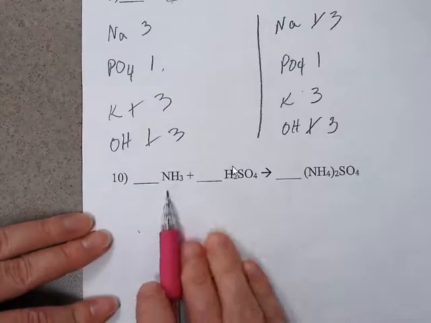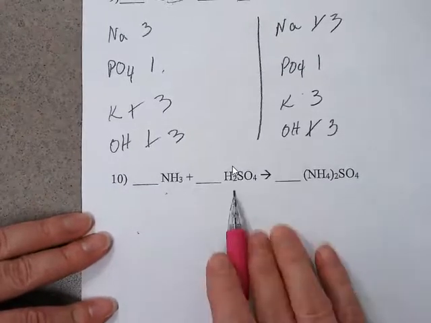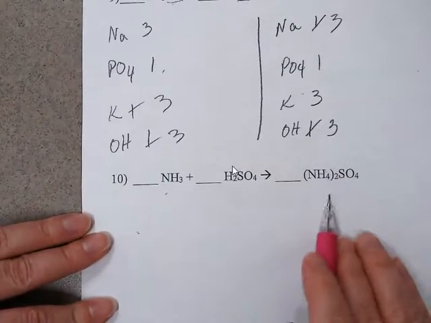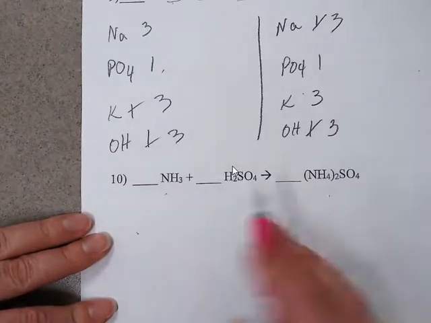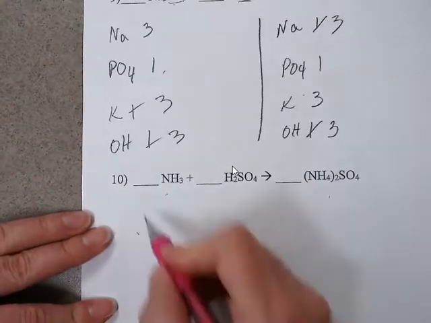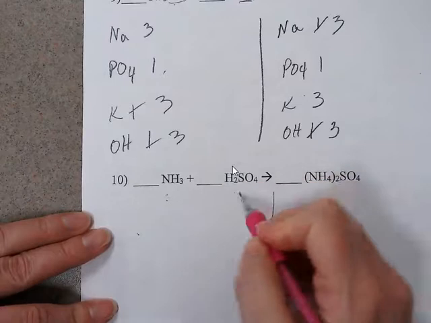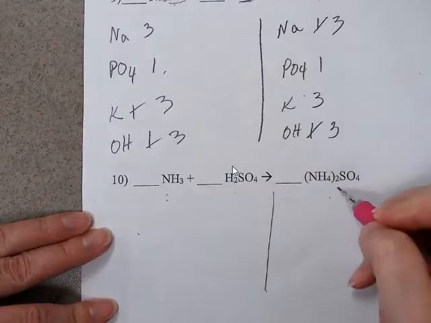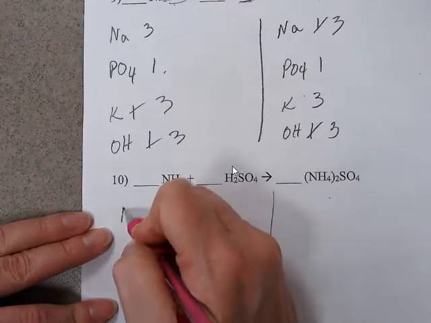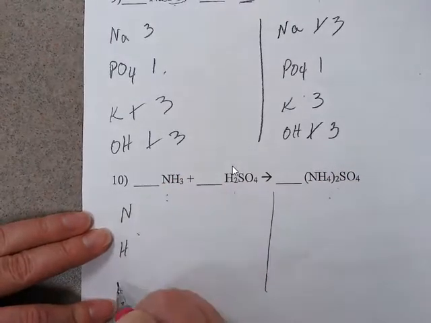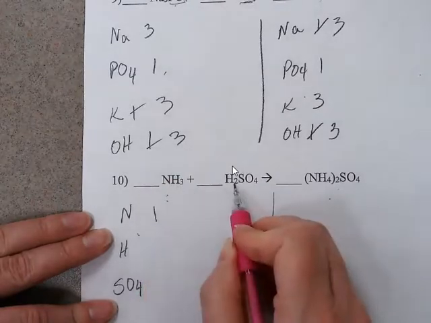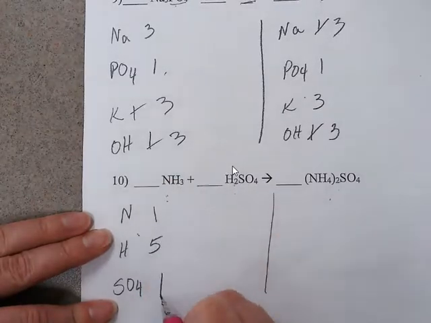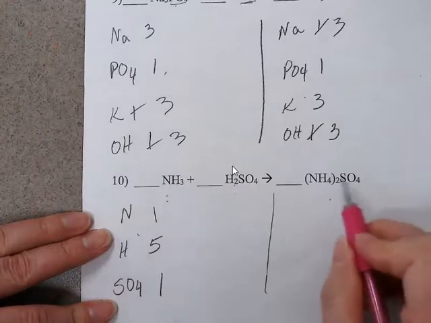This is a weak base reacting with a strong acid to make a salt, which is just formed from a base and acid. So we've got ammonia reacts with sulfuric acid to make ammonium sulfate. Three plus 2 is 5, and we have 1 sulfate. And the sulfate didn't go anywhere.